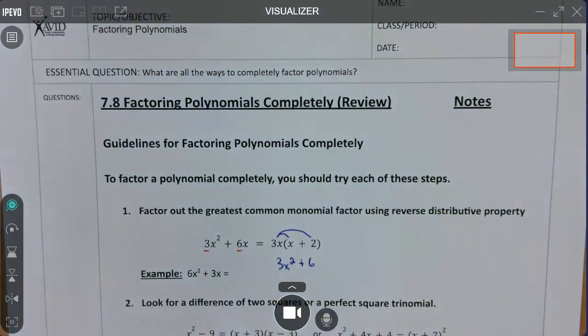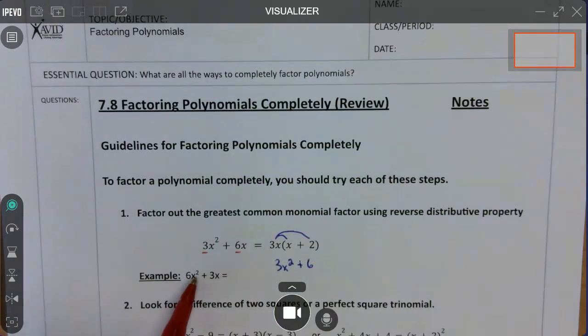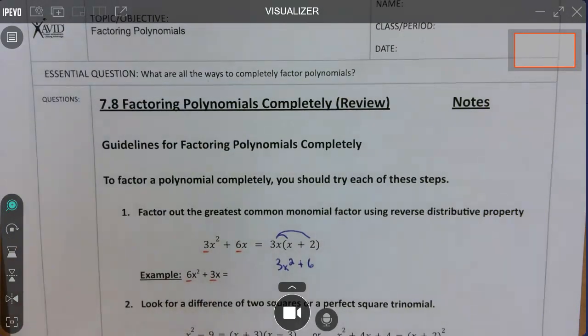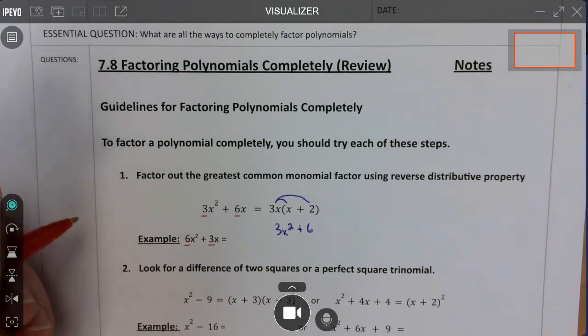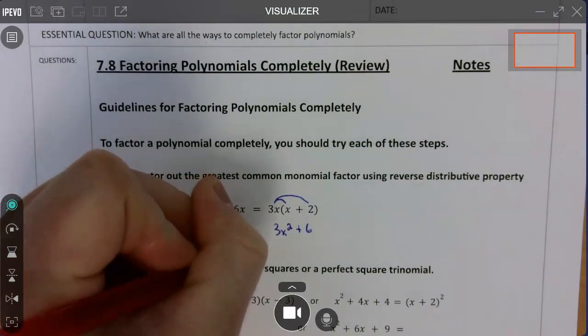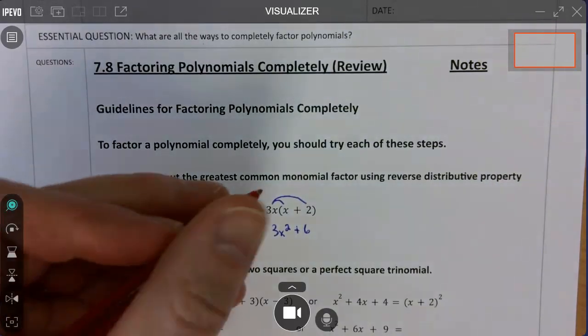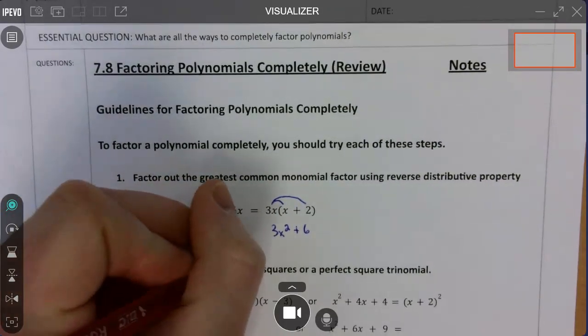That's how I know that I factored it correctly. So a really quick example: if I look at 6x squared plus 3x, again I look at the numbers in front. I have a 6 and a 3, and the biggest number that goes into 6 and 3 is 3. The first term has an x squared, the second term has an x, so they both have at least an x.